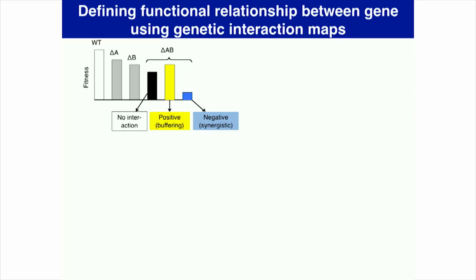But the remarkable thing is that by robotics, as I'll go into in a little bit, it was possible to measure a large fraction of all the double mutants. To start with, once it was clear that there would be value in doing this type of systematic genetic interaction analysis, there now have been a number of different ways of implementing it.